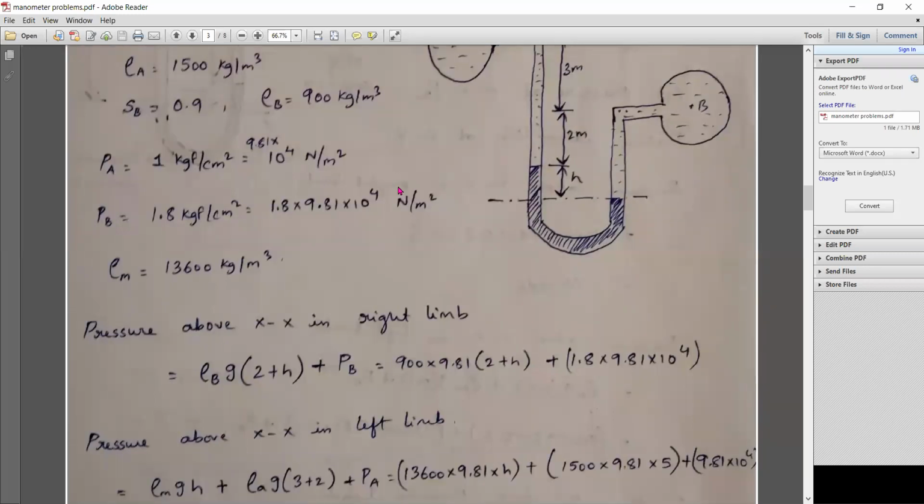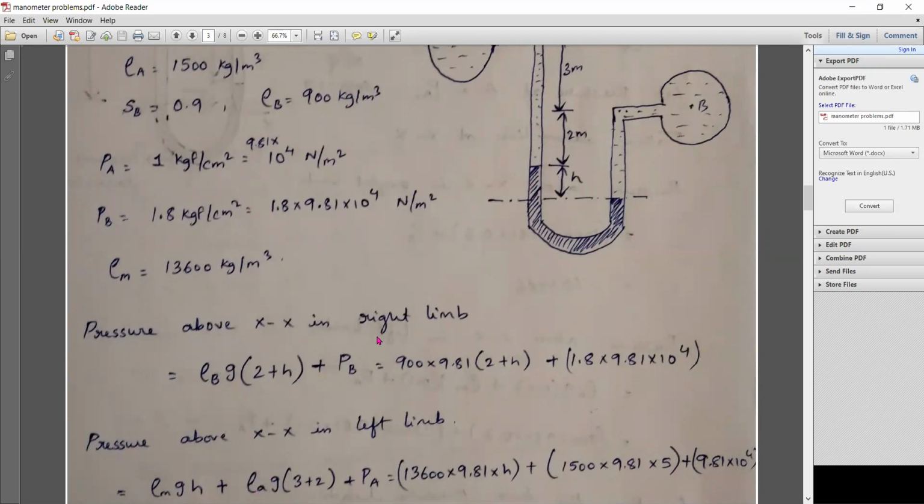So one is this one, the density of mercury. Please write in the given data: density of mercury is 13,600 kg per meter cube. So density of mercury into G into H is the pressure because of this height. So rho m g h is the first thing.